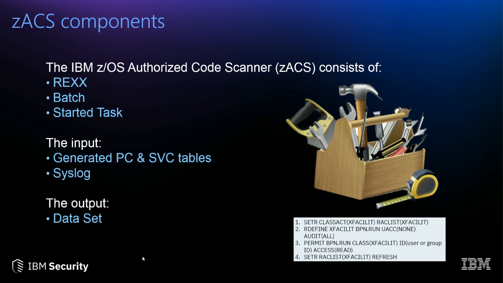Therefore, these datasets, along with the REXX exec, must be protected by an external security manager such as RACF. And you can see at the bottom some RACF definitions for zACS. Okay.